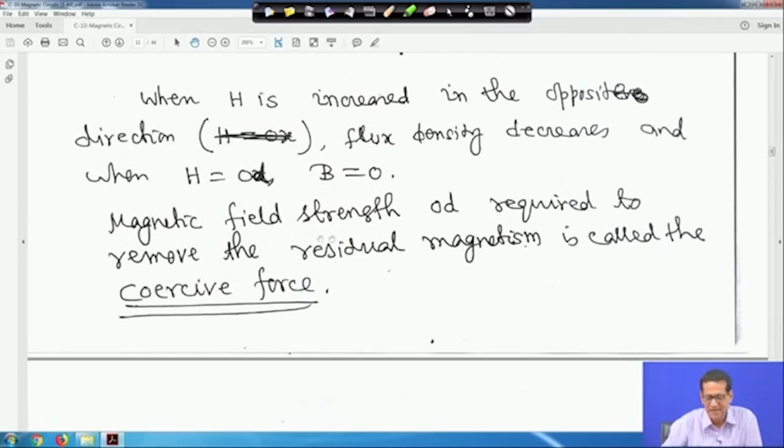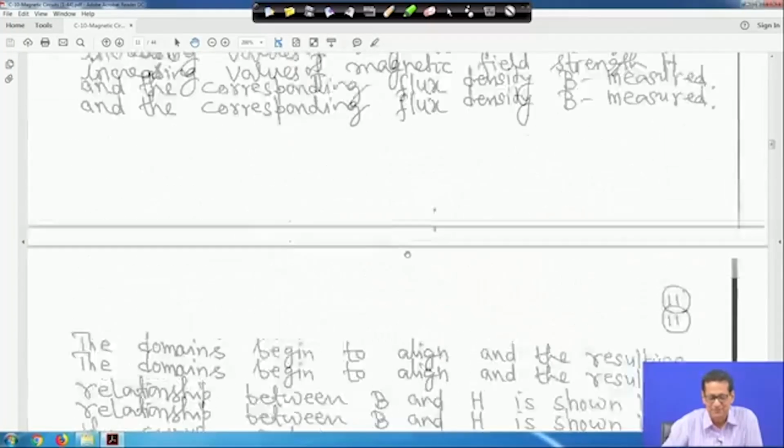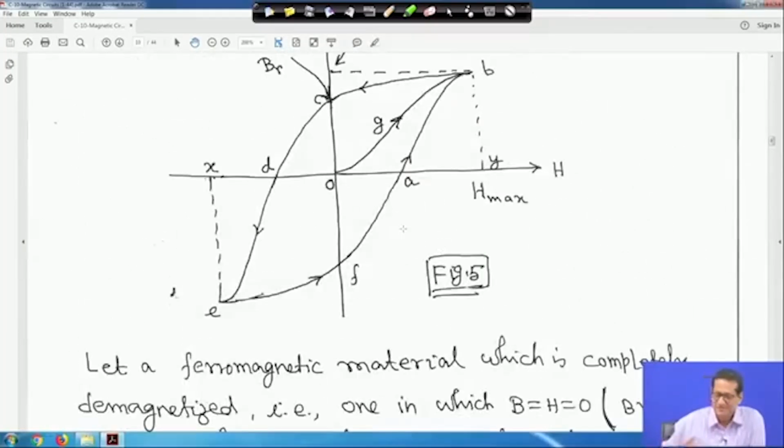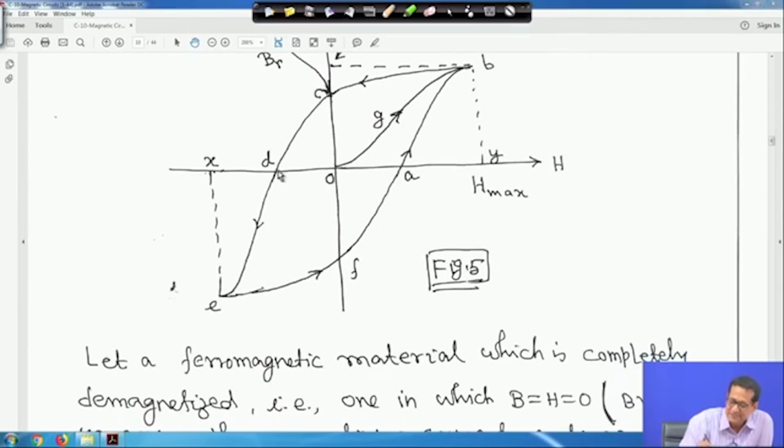And one thing is there: the magnetic field strength, that is OD, required to remove the residual magnetism is called coercive force, right. This is the value, this is OD, this portion. This is the field strength required to make the flux density 0, that is H equal to OD.